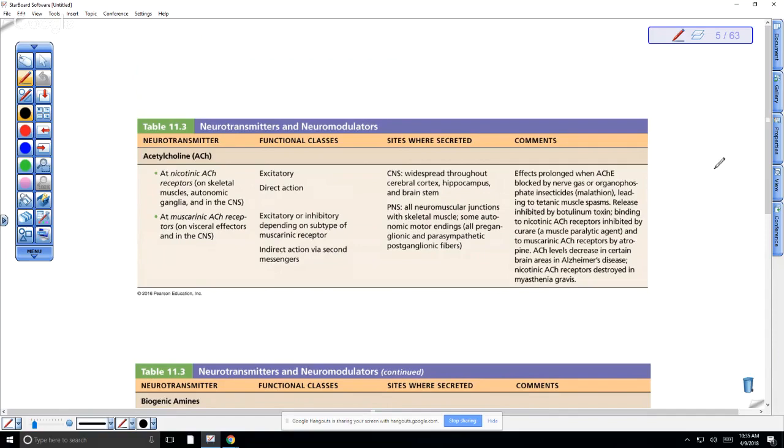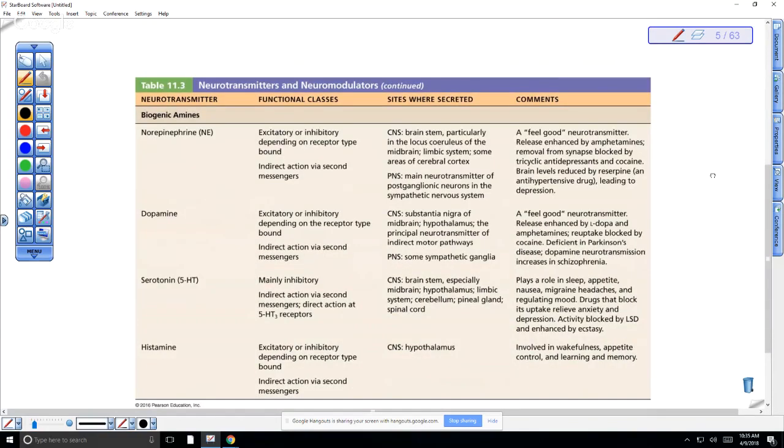So if we look at some other neurotransmitters, we talked about dopamine. Here, note that dopamine can be excitatory or inhibitory, depending upon the receptor. And it has an indirect action. And this is your feel-good neurotransmitter. Dopamine, on the other hand, is actually deficient in Parkinson's disease.